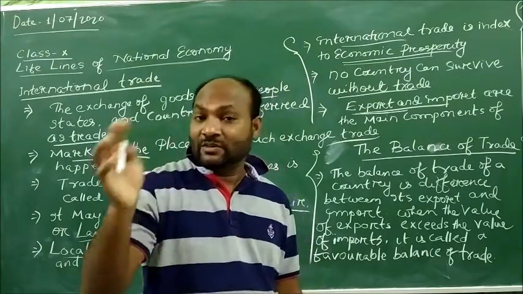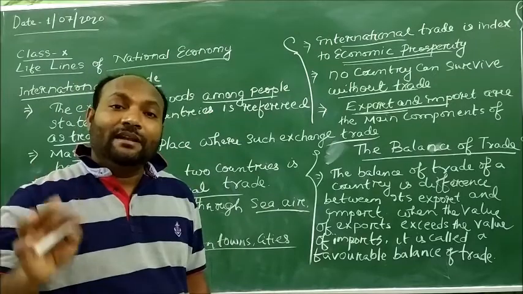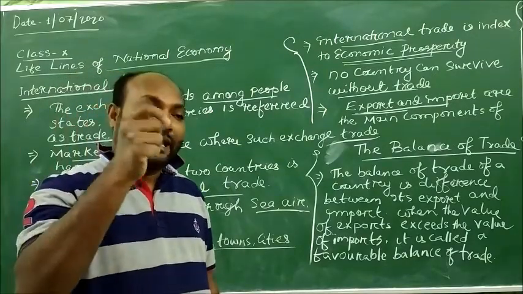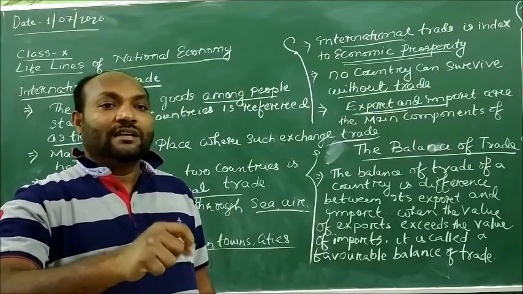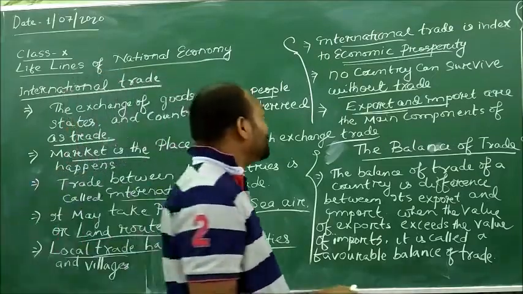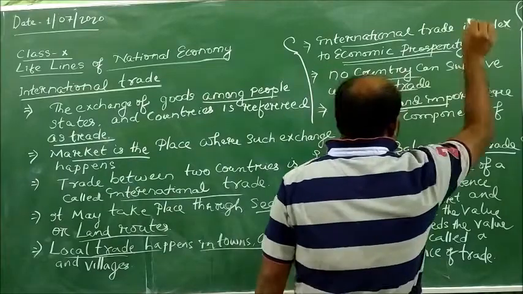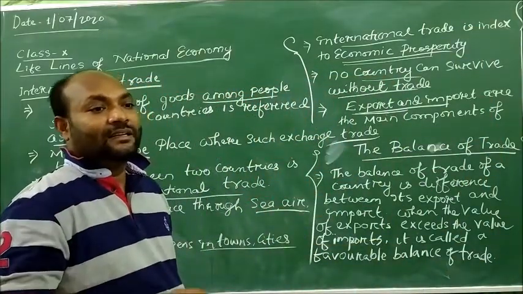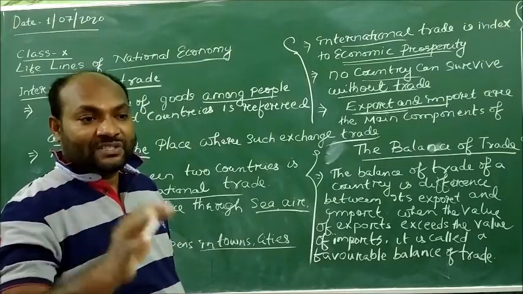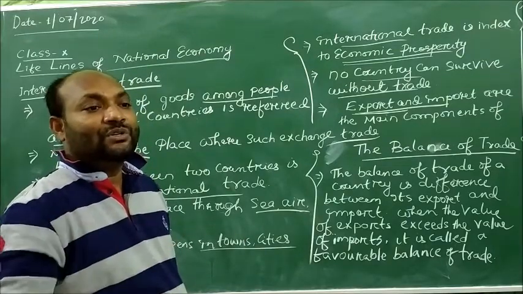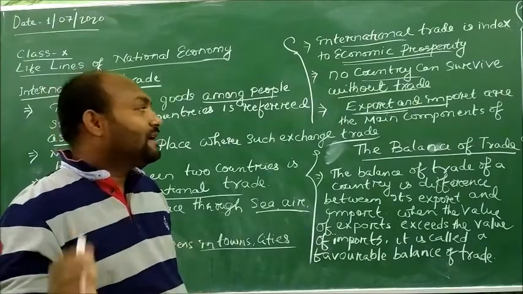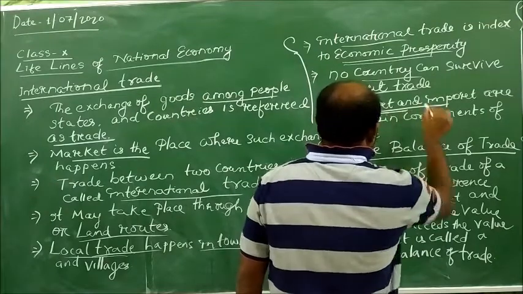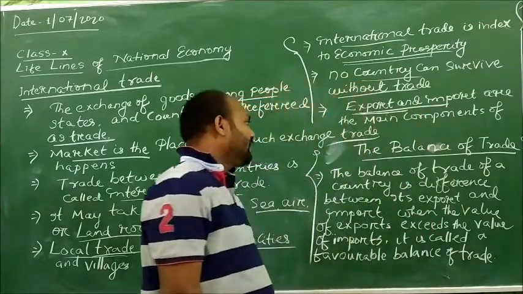There are certain resources which are not available in our society, and to make available those lacking resources, we need to depend upon other countries, because whatever resources surround us, it may not be necessary that they will fulfill the demands of the society. That is the reason, dear children, international trade is very important here.